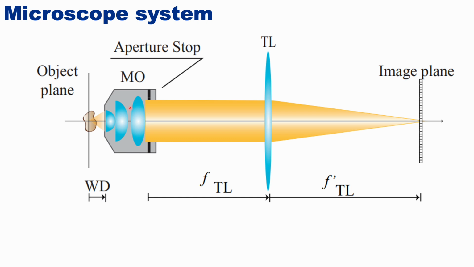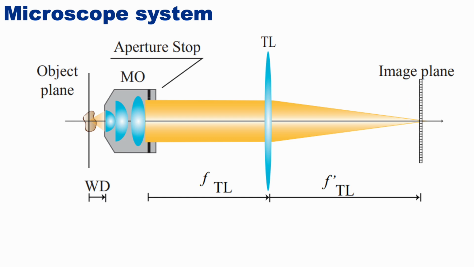But because we don't have access to infinity, we need to use a tube lens, the TL, to bring that image at infinity to the back focal plane of the tube lens. The image plane is the back focal plane of the tube lens, and in the image plane we find the clear image of the sample, completely in focus.